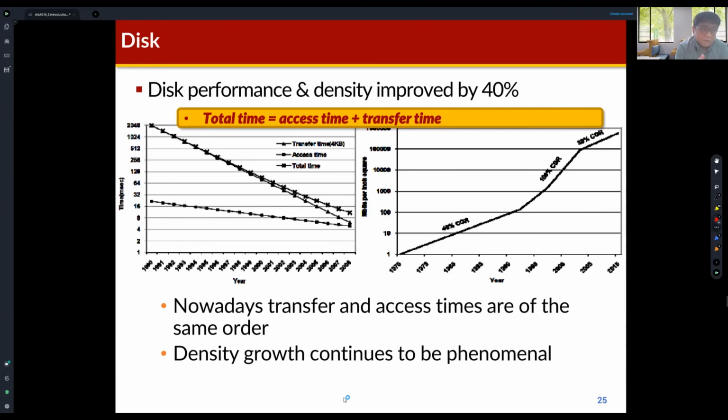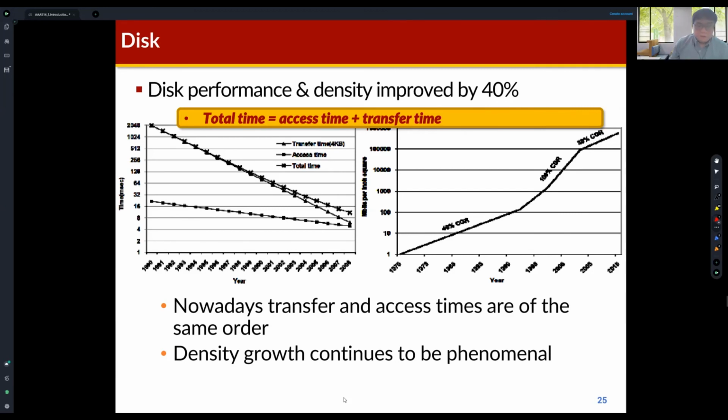So the user data is persistently stored in the disk. But disk is very slow, but it's not directly connected to the performance of the computer system because the data is transferred to the main memory from the disk, then the performance of the DRAM was critical.